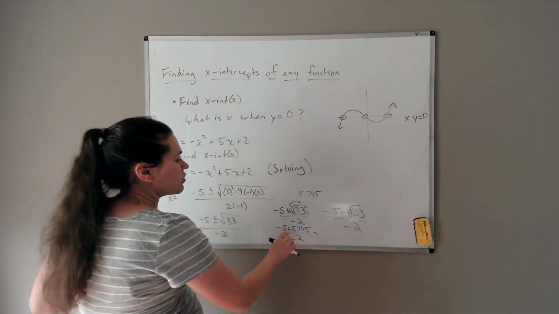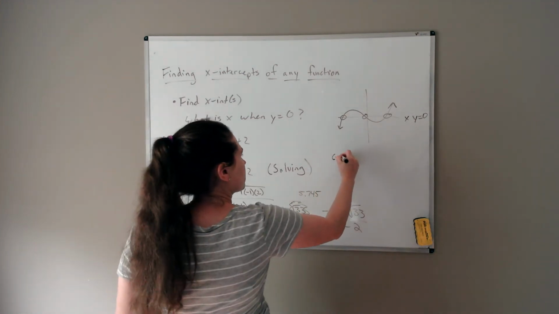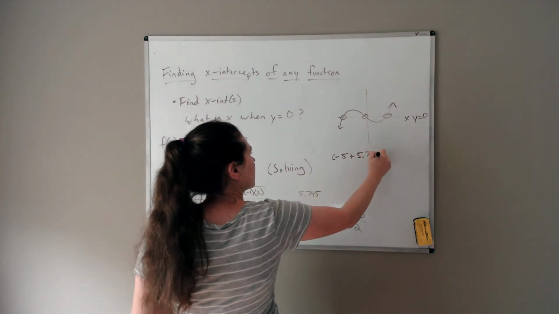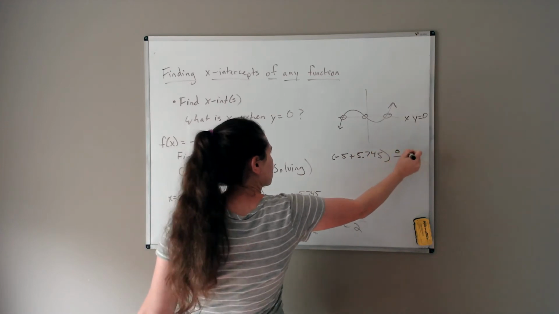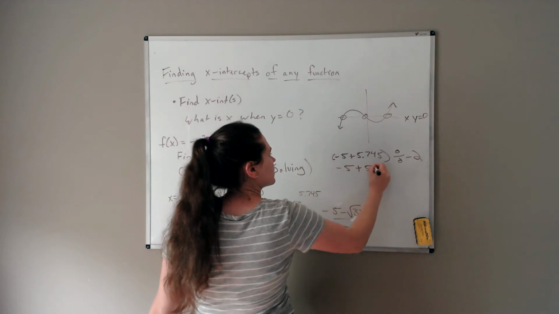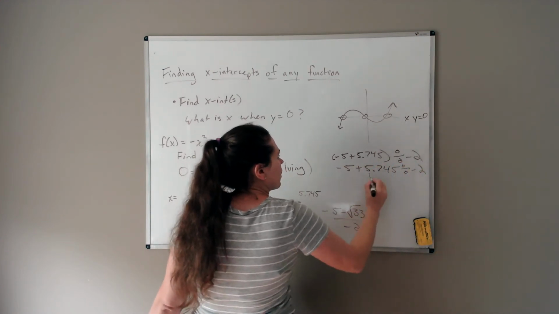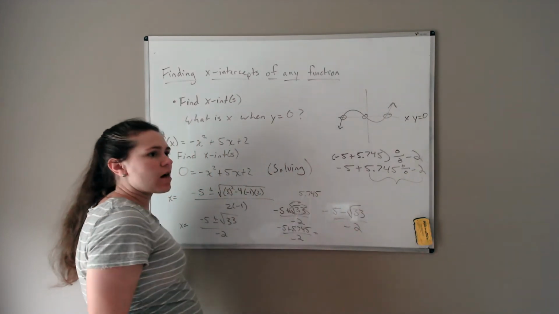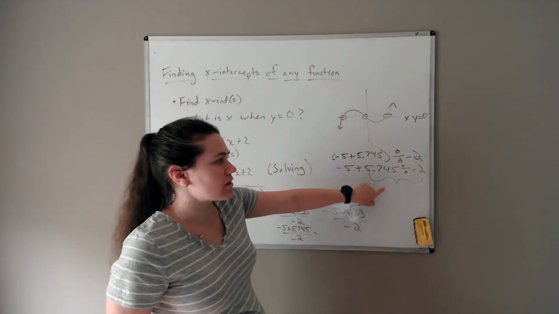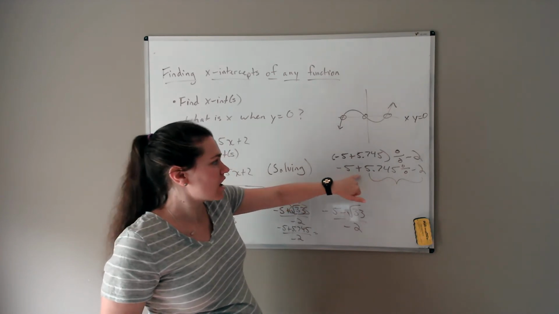Remember, you do the numerator first. If you put this in your calculator, you need to make sure you're putting parentheses around the numerator and then hitting divided by negative 2. Your calculator follows order of operations, so it would do the division first, because division is higher in the hierarchy than adding.